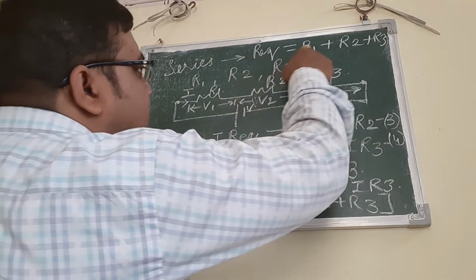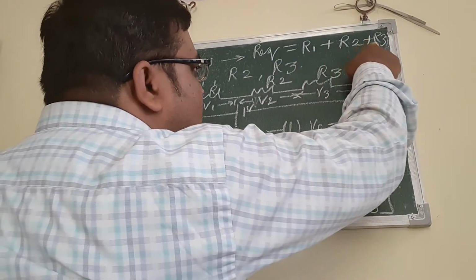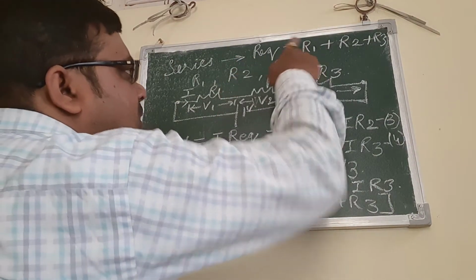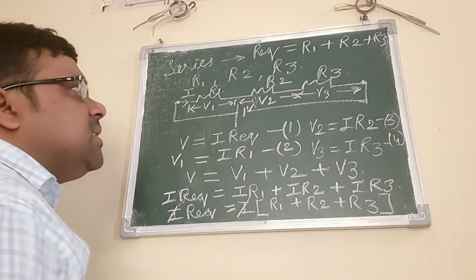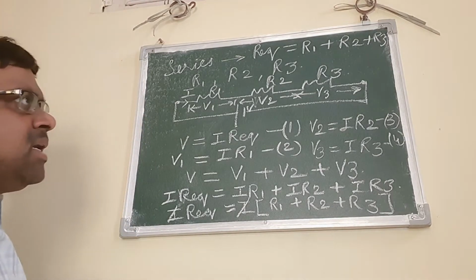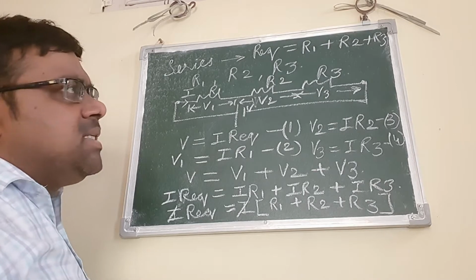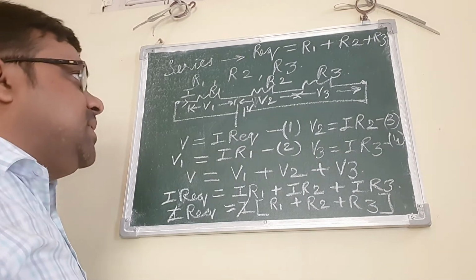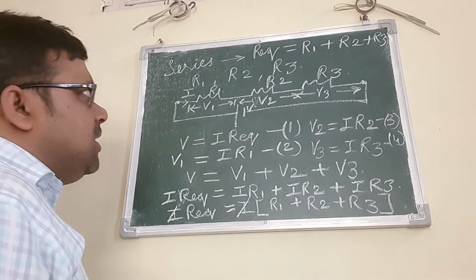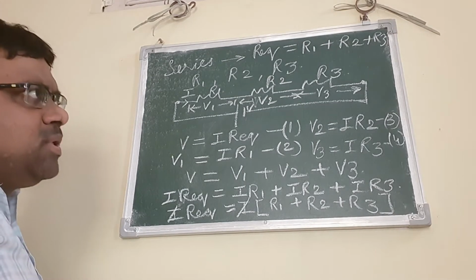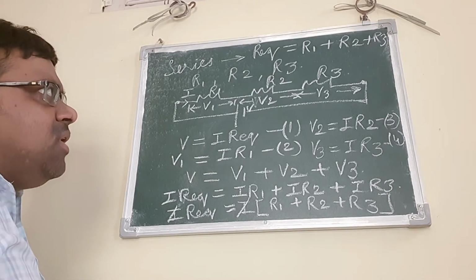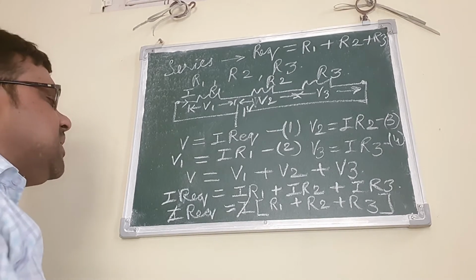So R equivalent equal to R1 plus R2 plus R3. So our equivalent resistance is equal to the sum of the individual resistances R1, R2, R3. This is our formula for the series combination of resistances. I think you all have understood this. Now we are going to proceed to find the formula for the parallel combination of resistances.